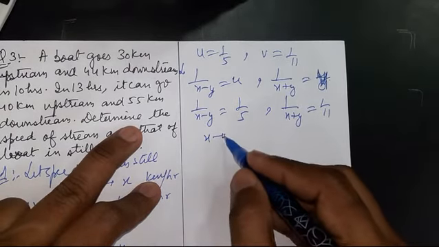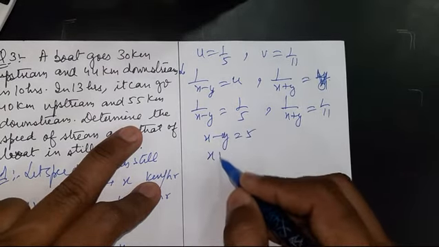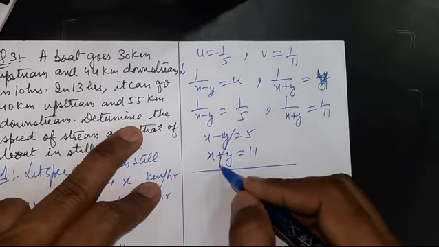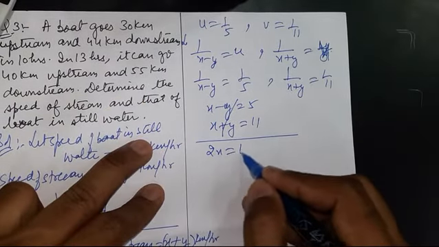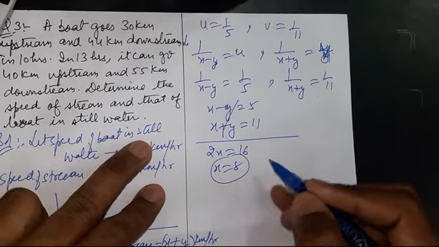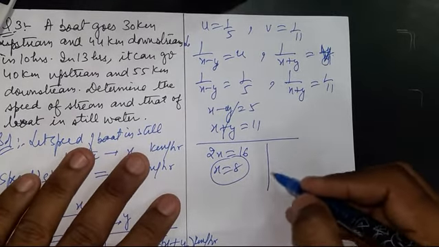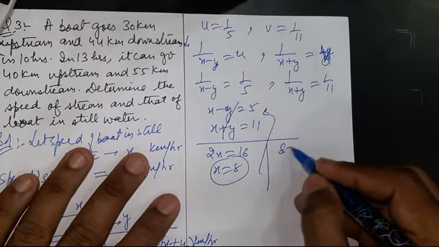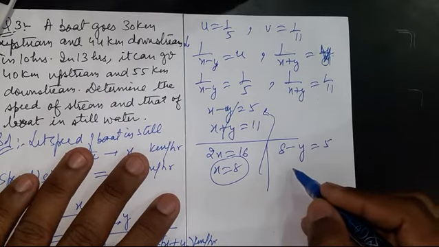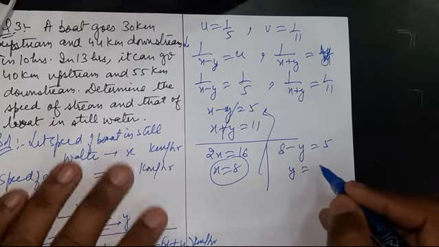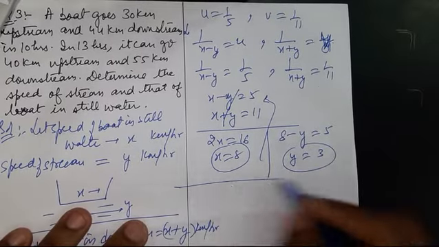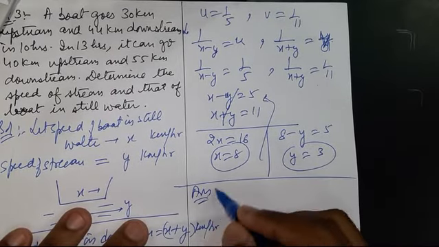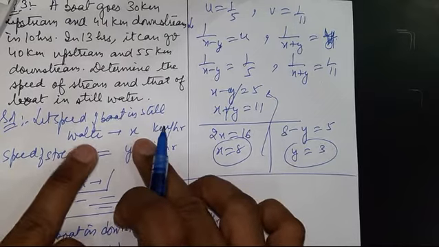So x minus y is equal to 5, and similarly x plus y is equal to 11. Add them: 2x is equal to 16, so x is equal to 8. Similarly, put this value in the equation, so you get 8 minus y is 5, and y is equal to 3.